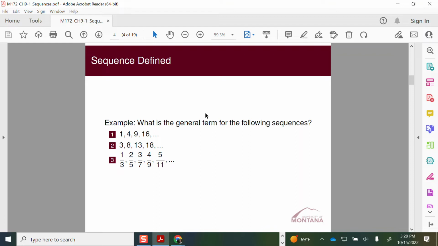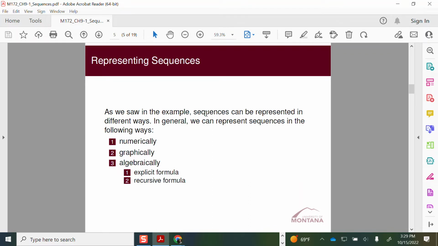So we've defined sequences, and we've worked with 3 of them. But it's important that you know that there are different ways that we can represent sequences. So we've already seen that sequences can be given numerically. These are just lists of numbers, usually with an ellipsis at the end, because of course they go on forever. But you can also represent them graphically.